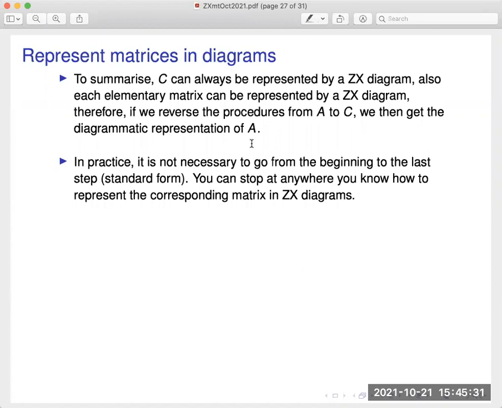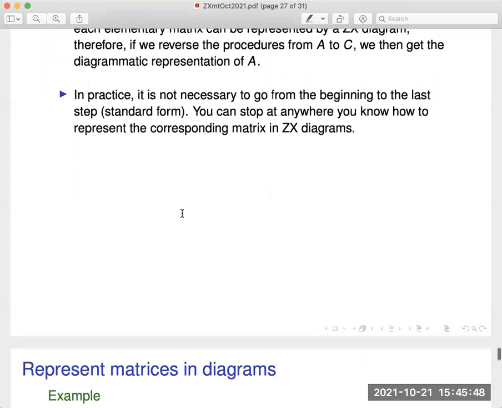But in practice, that's the general method, and it's not necessary that you must go from the beginning to the last. You can stop anywhere you know how to represent the diagrams.